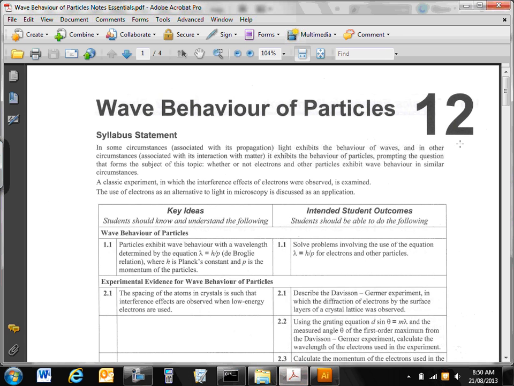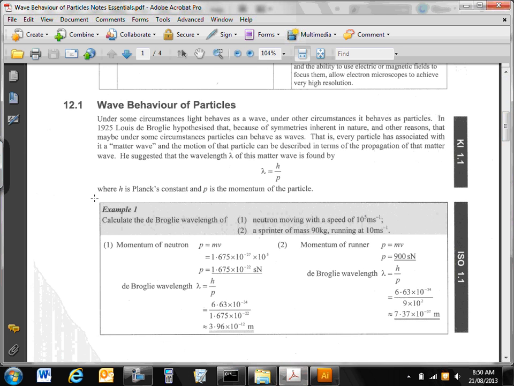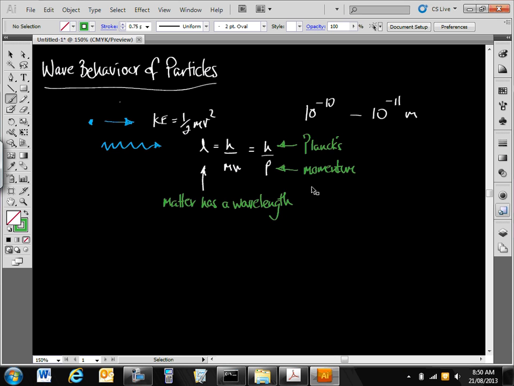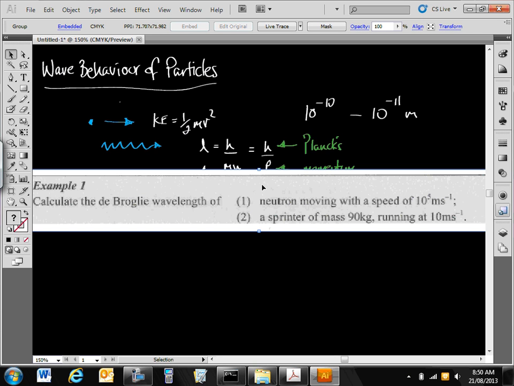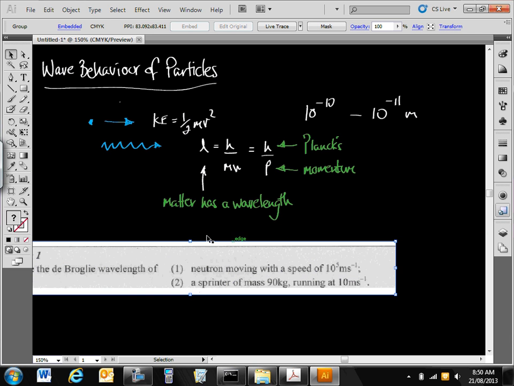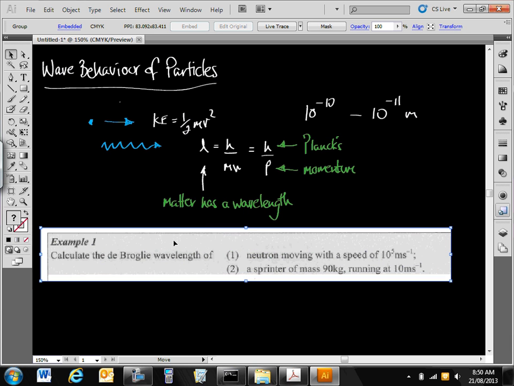Let's go to a problem. Incidentally, this equation was first described by Louis de Broglie, 1925 or thereabouts.